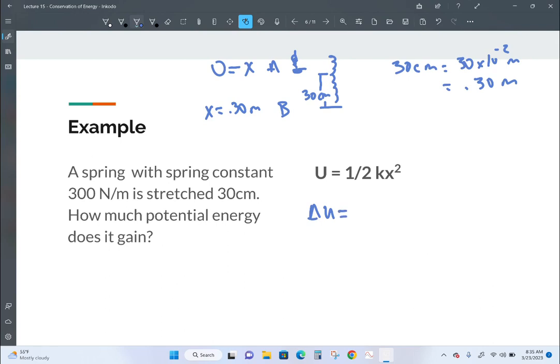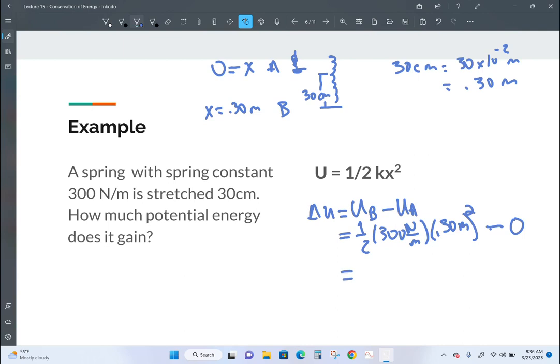which is going to be UB minus UA. UB is going to be 1/2 of 300 newtons per meter times 0.30 meters squared, minus 0, because X was 0 when it was at rest, not stretched at all.